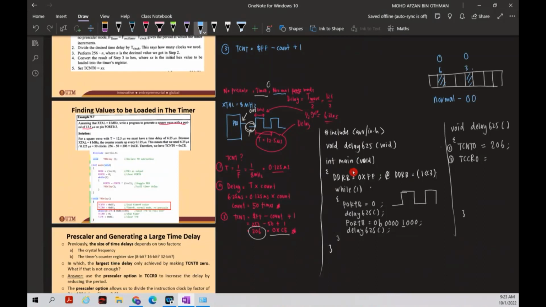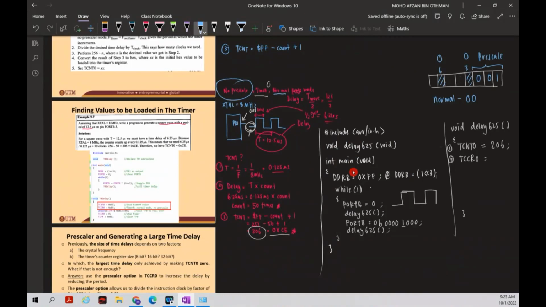Okay, then these last three bits, bit 0, bit 1 and bit 2. So this is your prescale. What is the value that you're going to put for your prescale? Since no prescale is used here, the value that you're going to put in these bits is 0, 0, 1.